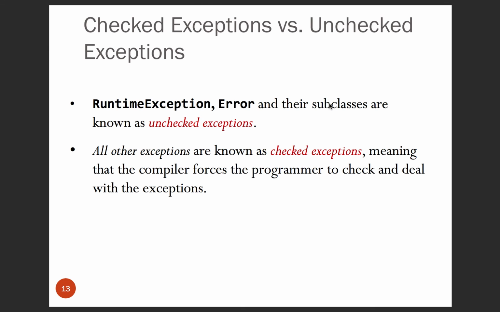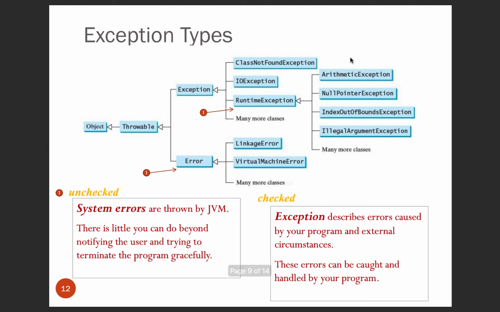Say for example, checked exceptions versus unchecked exceptions. RuntimeException, Error, and their subclasses are known as unchecked, and all others are checked exceptions. We have seen that this is a runtime exception. A compiler will not tell you to write some protections there; these are unchecked.